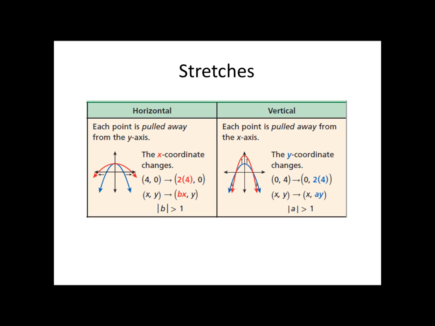So if we want to double, we multiply the x-coordinate by 2. If we want to vertically stretch it, we're going to multiply the y-coordinate. Again, a vertical stretch is pulling it away from the x-axis, so points on the x-axis don't actually get moved.